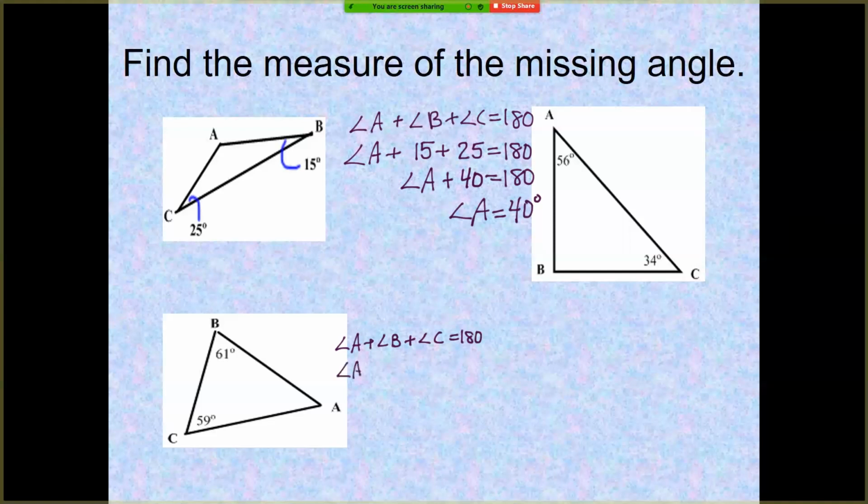So angle A plus angle B, which is 61, plus angle C, which is 59, is going to equal 180. So 61 plus 59 gives me 120. I'm going to then subtract 120 from both sides to figure out that angle A has to be 60 degrees.